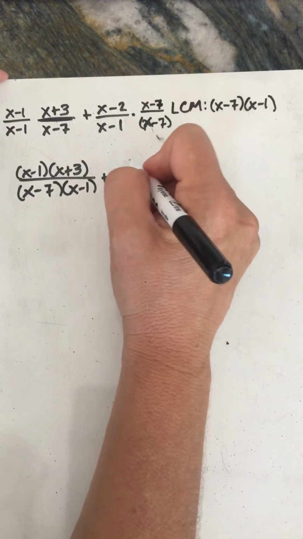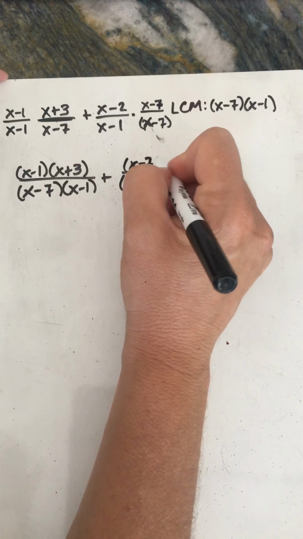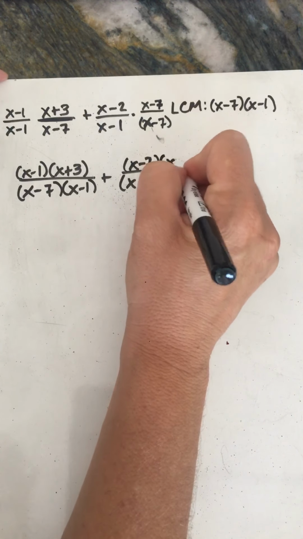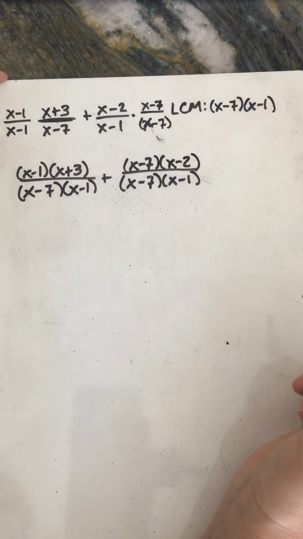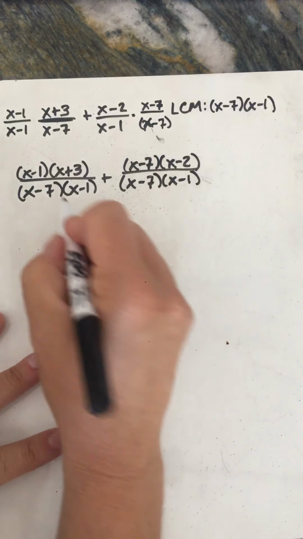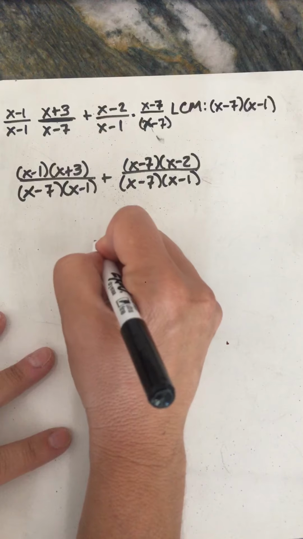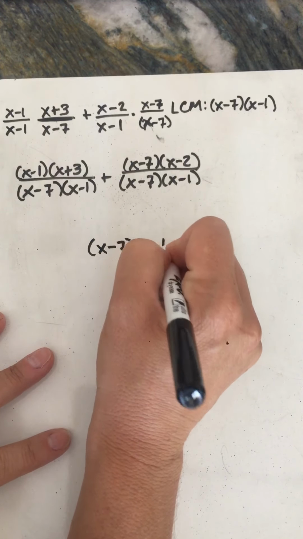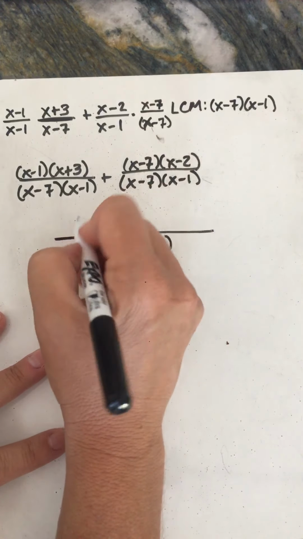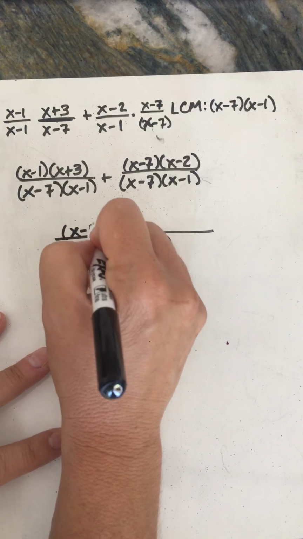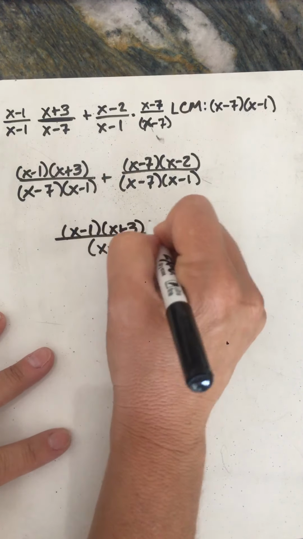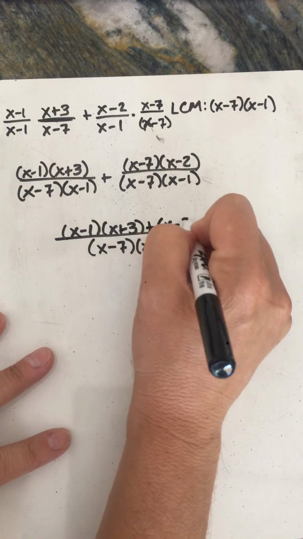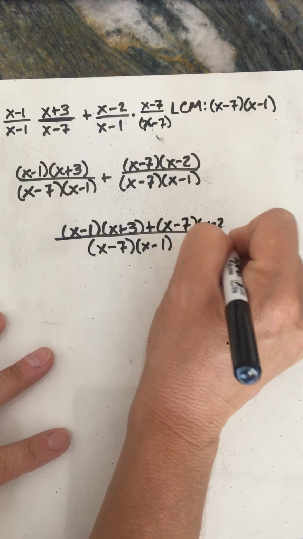All right, we can multiply our new numerator as x minus 2 times the quantity x minus 7. So now we can turn this into one fraction because the denominators are like. So we've got x minus 7, x minus 1 as our denominator. New numerator combined together, x minus 1 times x plus 3 plus x minus 7 times x minus 2.